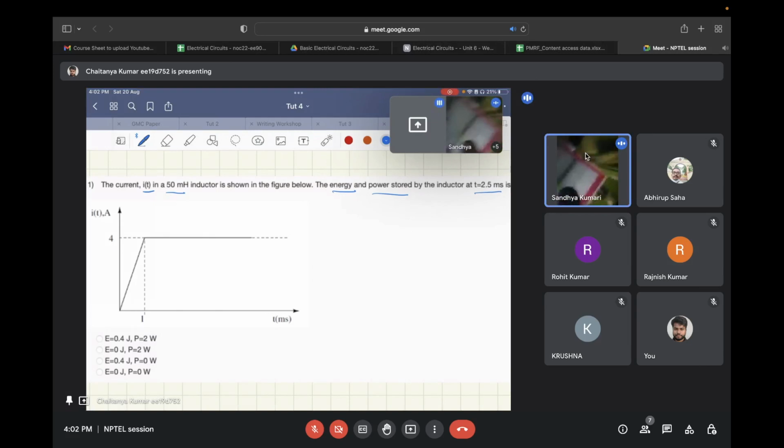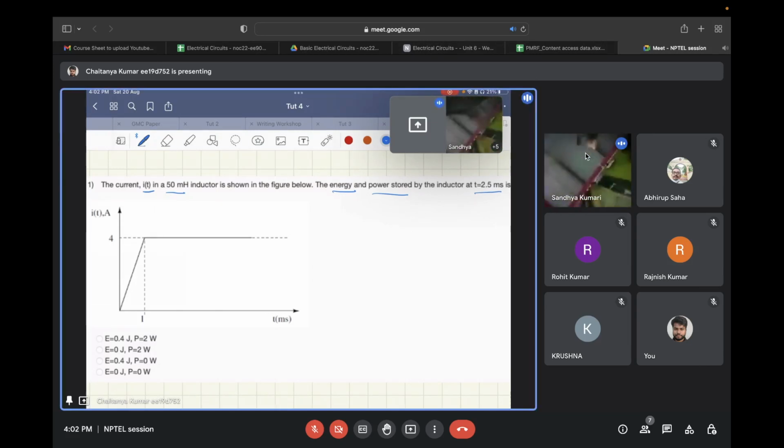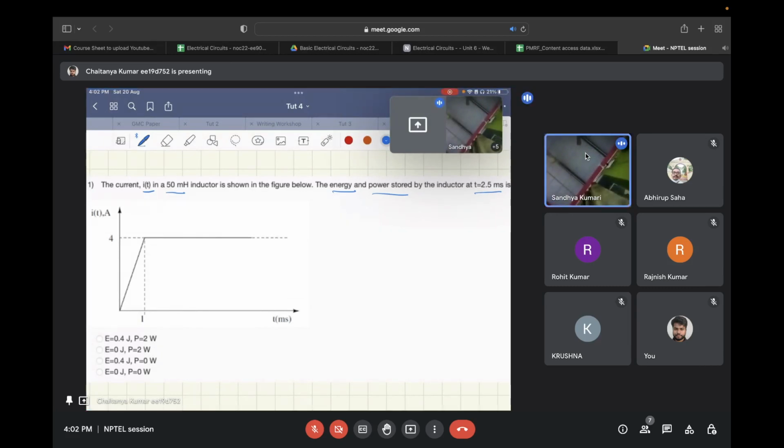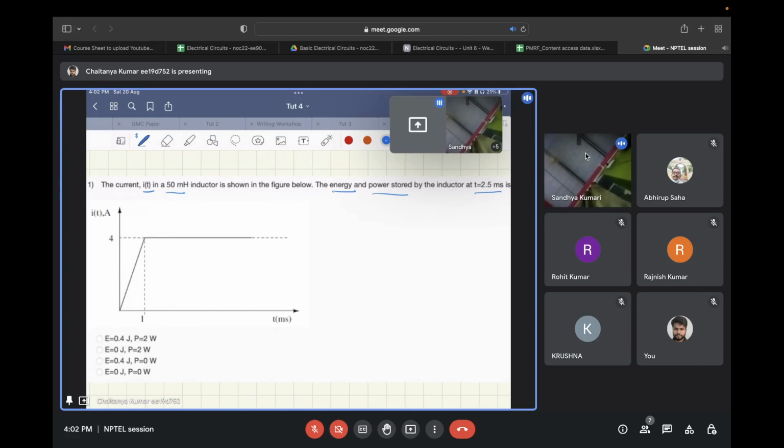Since you have already submitted the assignment, you can paste whatever you think is the right answer in the chat window, and in 1 or 2 minutes, we will discuss the solution.